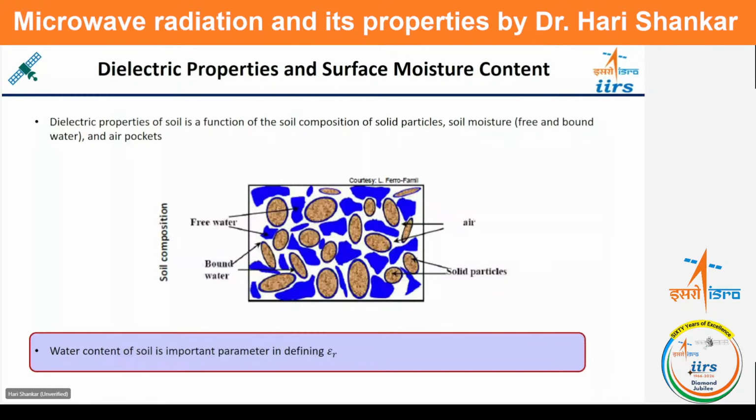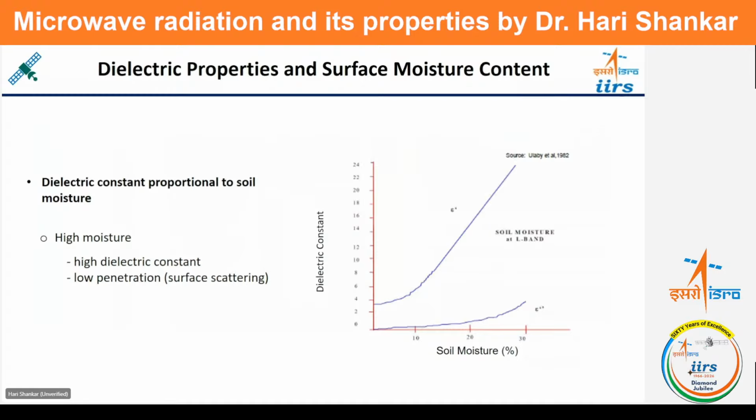So soil moisture estimation can be done using microwave signals very easily. These are the graphs between soil moisture and the real and imaginary parts of the dielectric constant. The imaginary part has less role, but the real part of the dielectric constant varies almost linearly with the soil moisture.